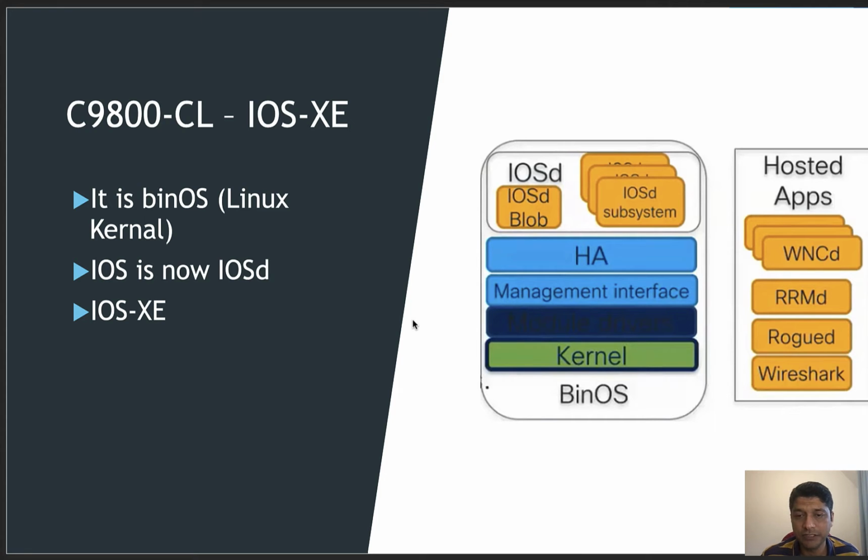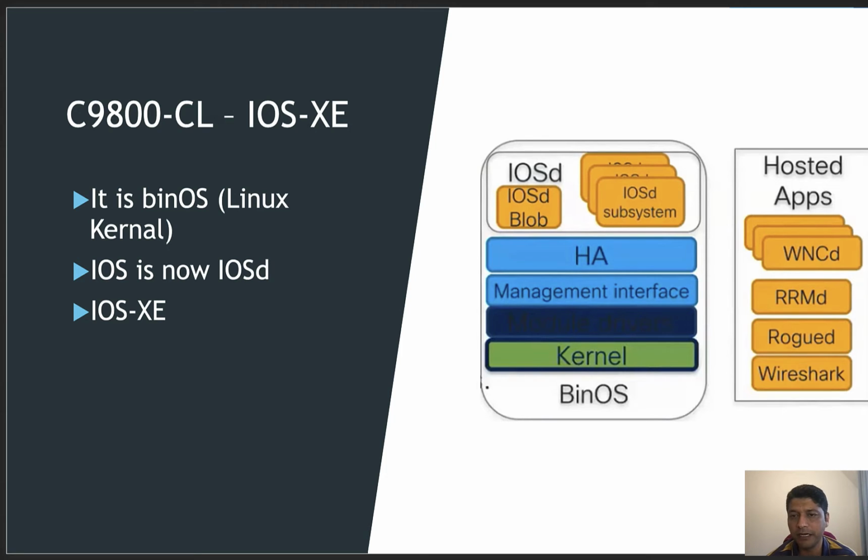So the difference between IOS and IOS XE: IOS is a monolithic software which runs on the hardware appliance directly. The downside of having that kind of system is, if one of the processes has any impact, it impacts the entire system, right? The same thing goes with the upgrade phase.